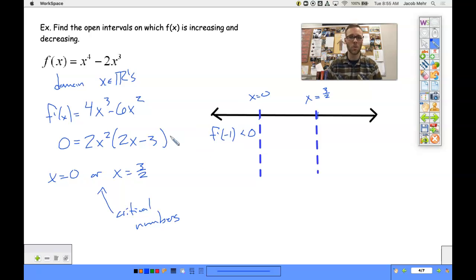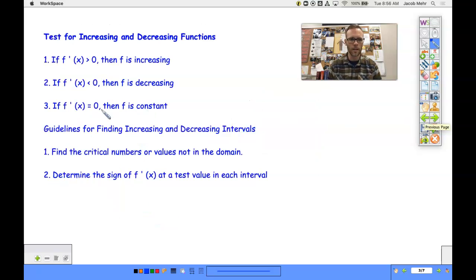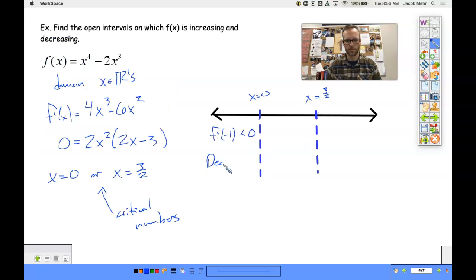At -2, it would be negative. At -100, it would be negative. It's going to be negative for every value in this interval. What does that tell us about the function in this interval? Well, if the slope is always negative, the function is decreasing. Okay, it's decreasing in that interval.